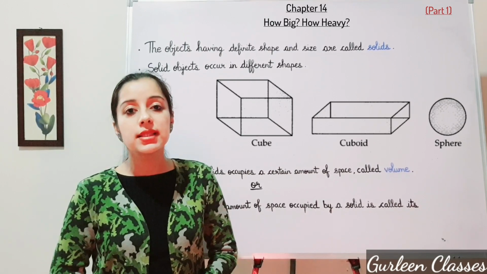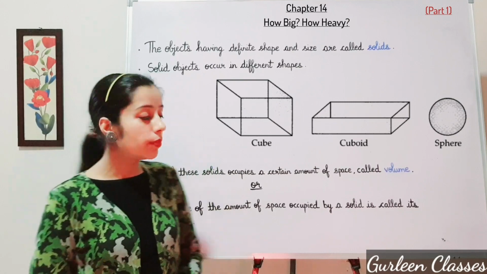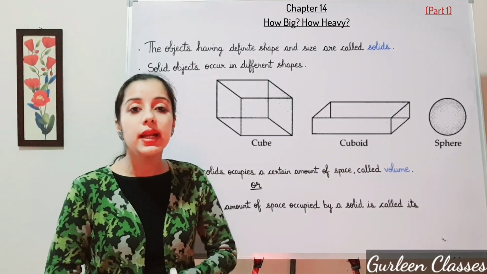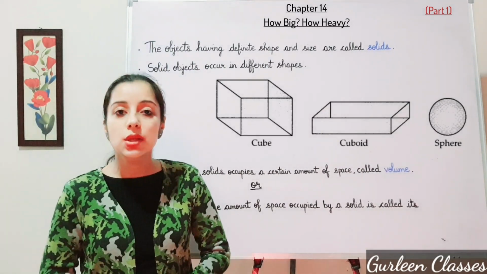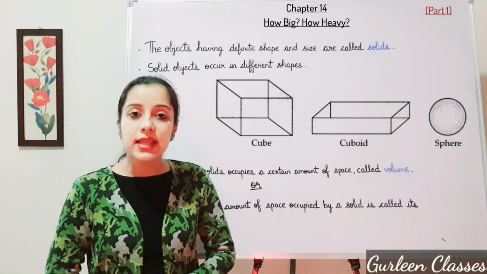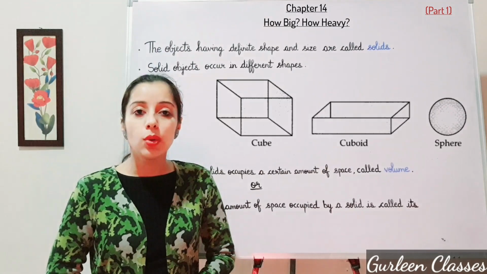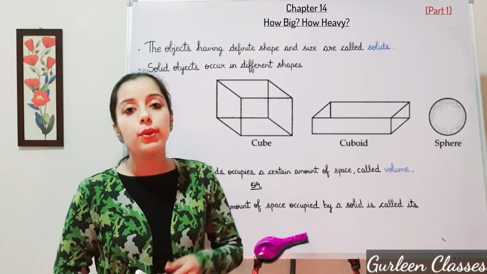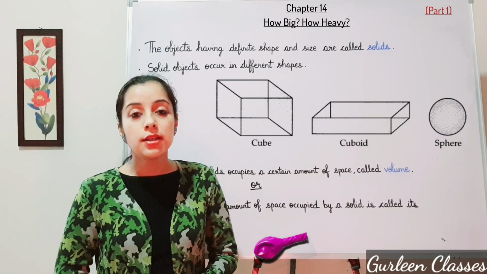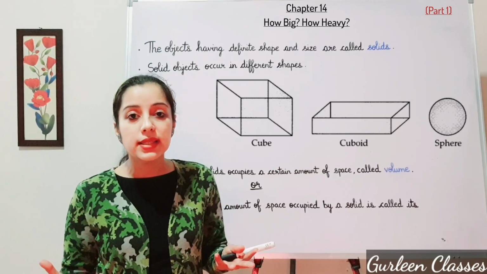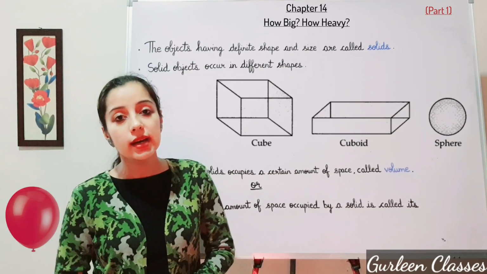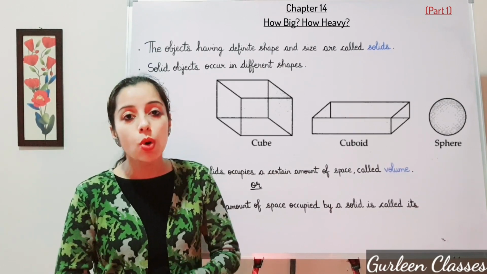So now let us see what is volume. Each of these solids occupies a certain amount of space, which is called volume. Example, if you have a balloon filled with air on one table and another balloon without air, which balloon occupies more space? The balloon which is filled with air occupies more space.